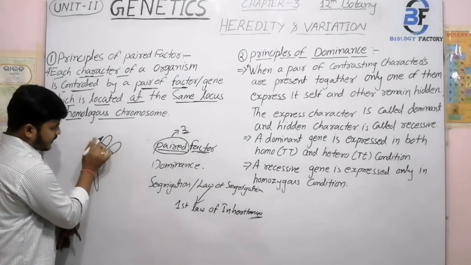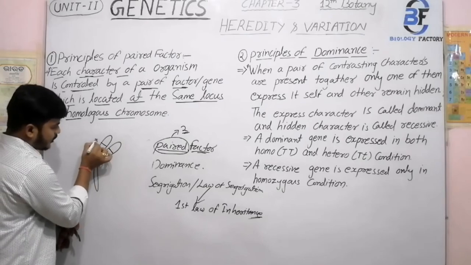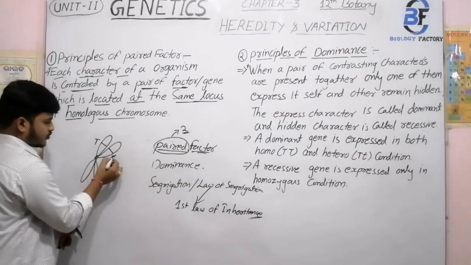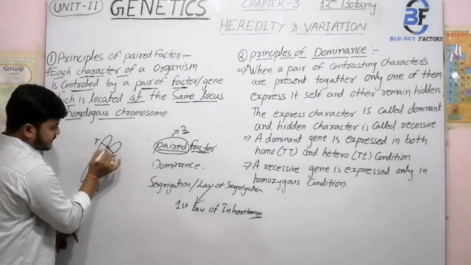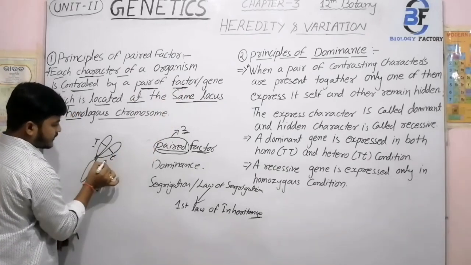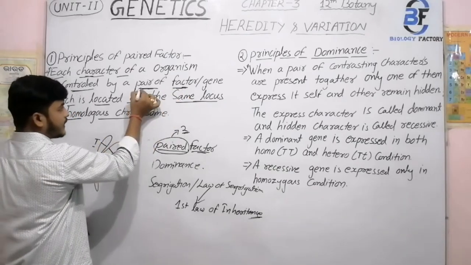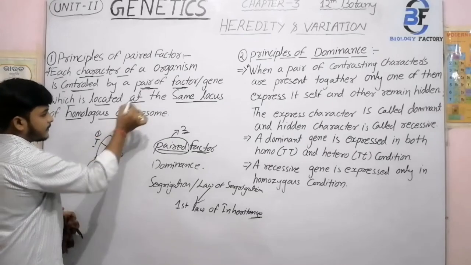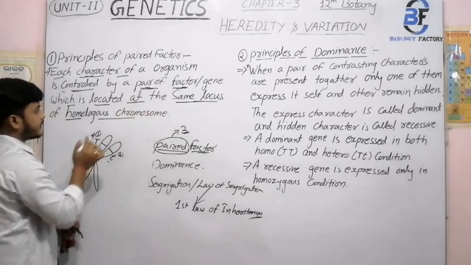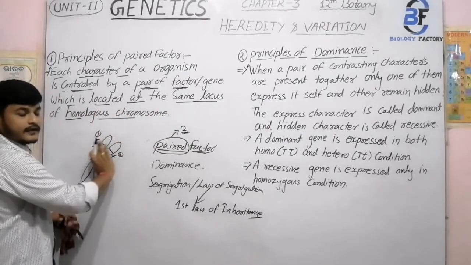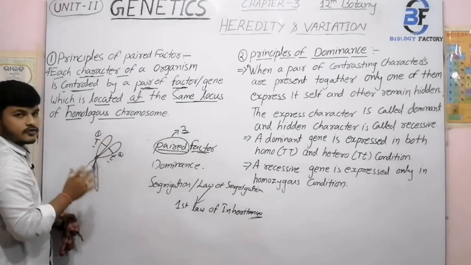If we consider a pair of genes, capital T and small t, these two genes are present. These are the factors, and a pair of factors means two factors are there. I told you that pair means two. These two factors are located at the same locus of the homologous chromosome.